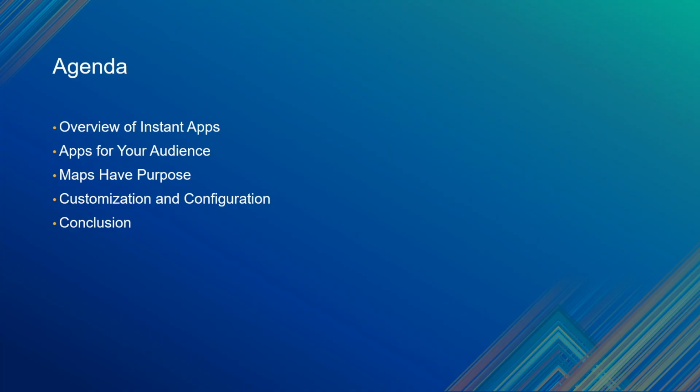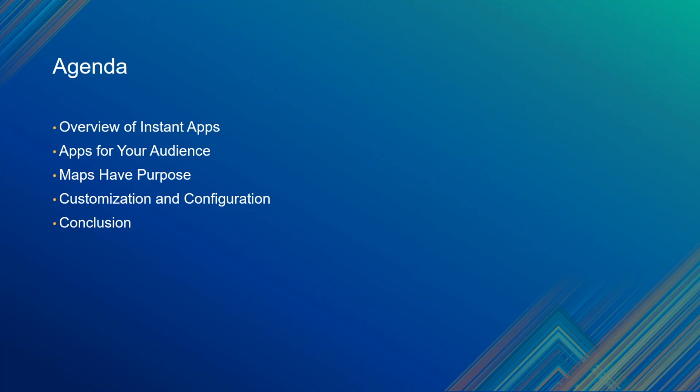We'll move on to talking about how maps have purpose. We'll explore configuring your map as a central part before you move from web map to web app, and what you can do in the web map to really utilize our templates.